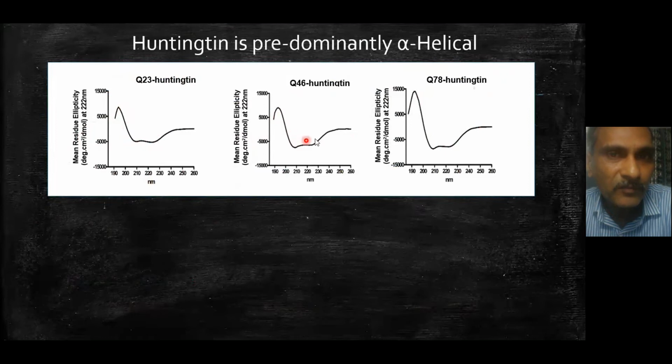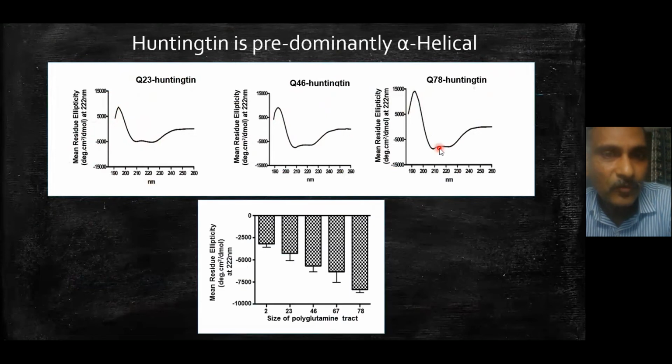So all of them show a similar pattern, but the intensity of alpha helicity of this protein can be quantified. If you quantify, you can see there is a direct correlation: the larger the glutamine length, the larger the helicity.